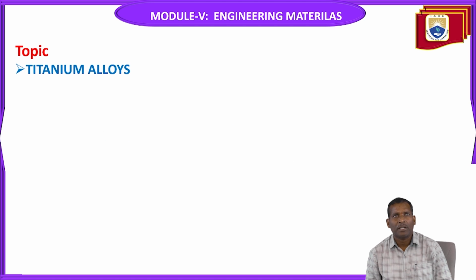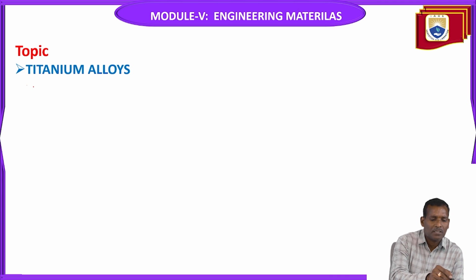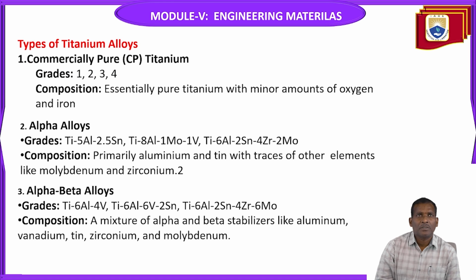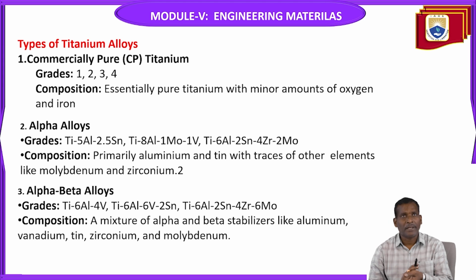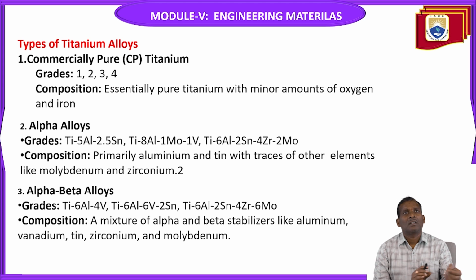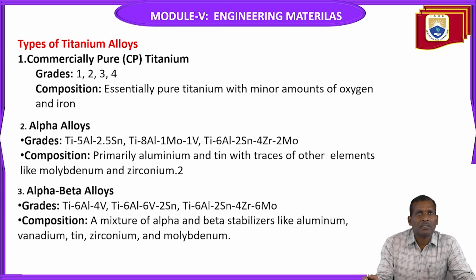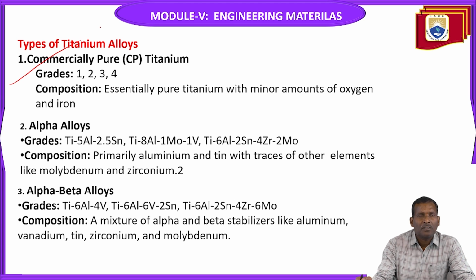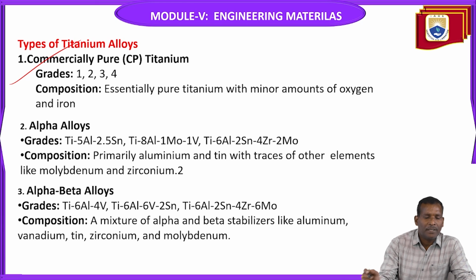Another important alloy material is titanium alloy. The types of titanium alloys are: one is commercially pure titanium. We already have grades like 1, 2, 3, 4.